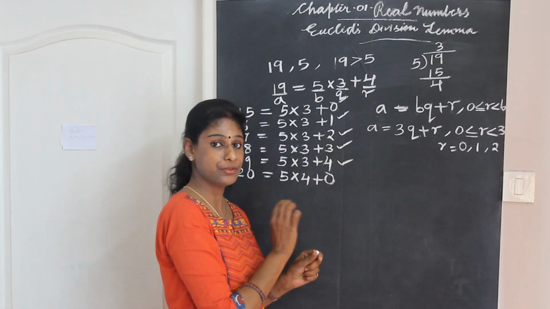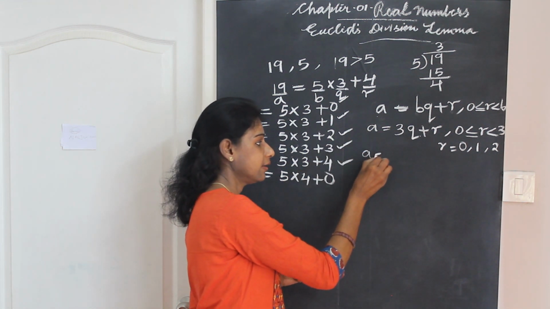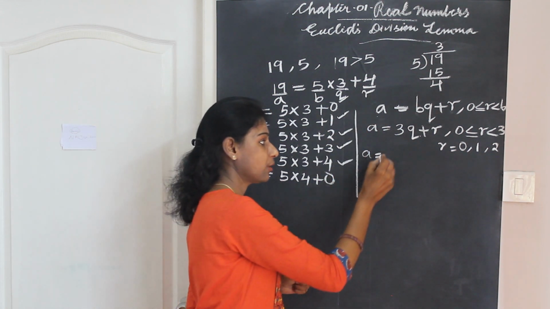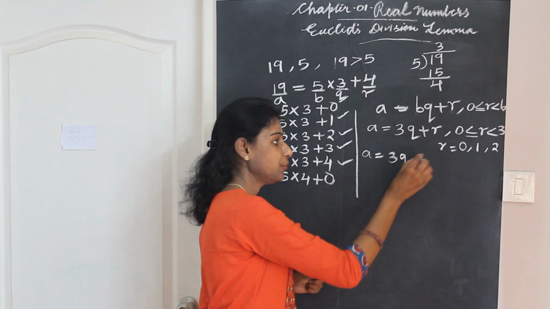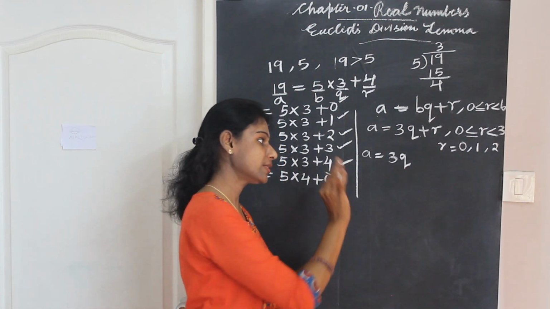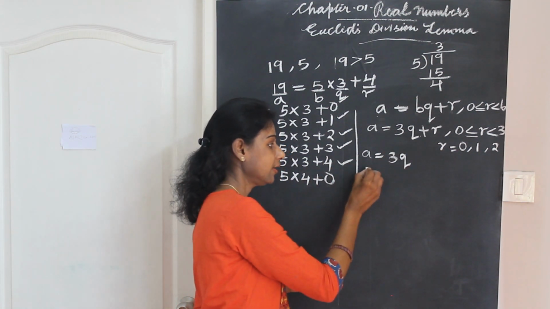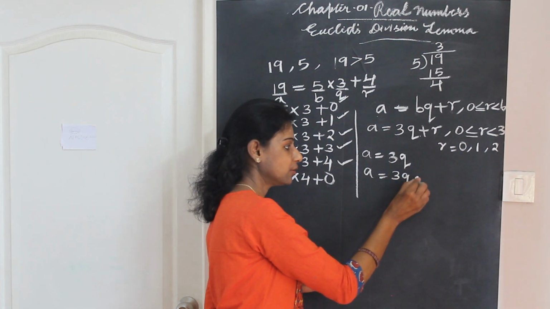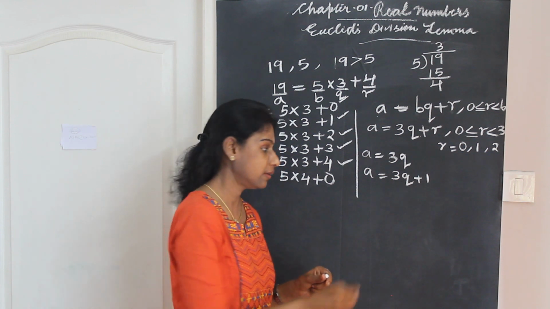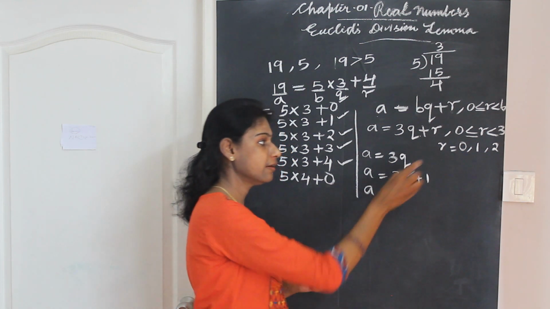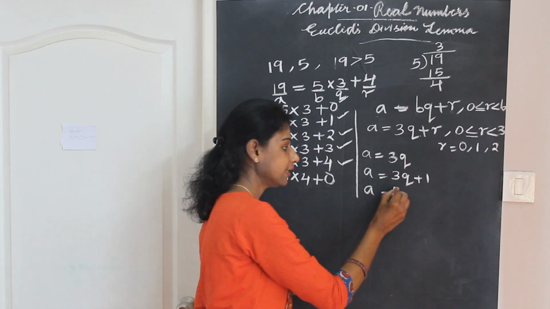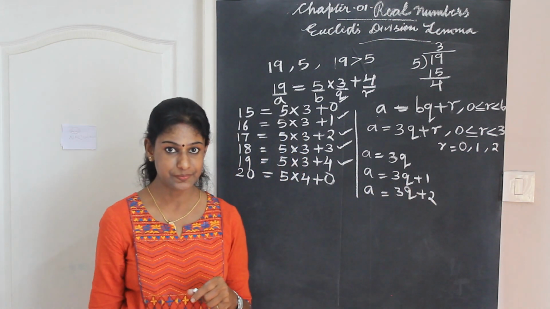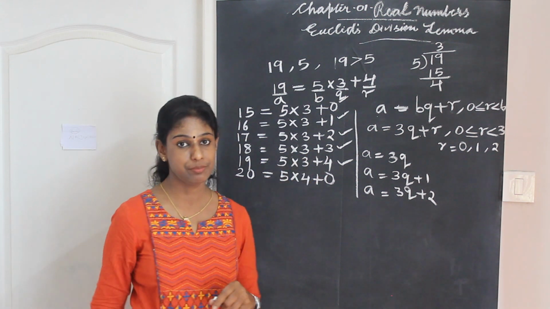If we put r is equal to 0, we get a is equal to 3q plus 0, or simply 3q. If we put r is equal to 1, we get a is equal to 3q plus 1. If we put r is equal to 2, we get a equal to 3q plus 2. So these are the possibilities.